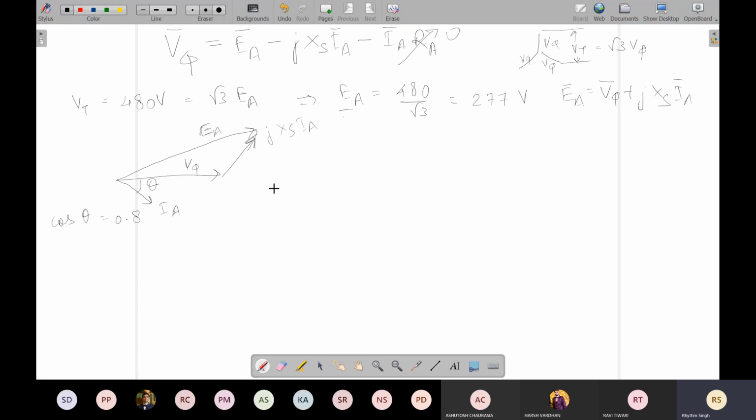Now if you do a little bit of trigonometry, what will be this angle? 36.86. Basically it will be theta. Will it be theta or 90 minus theta? Just check.